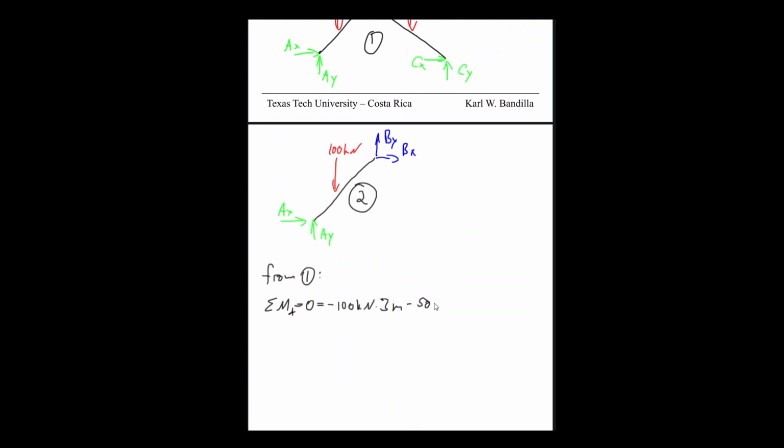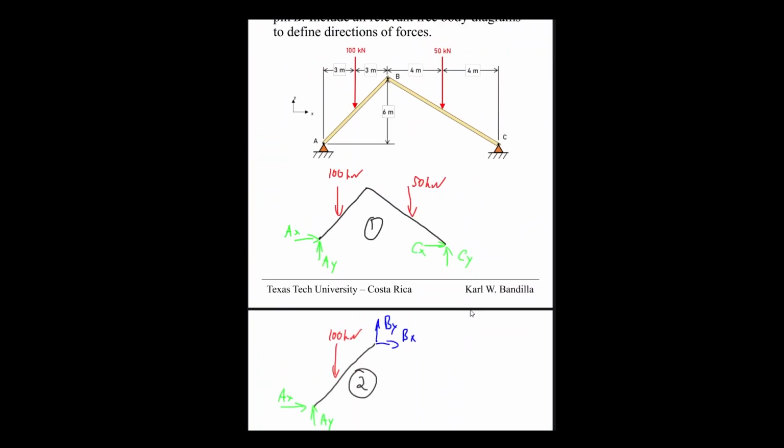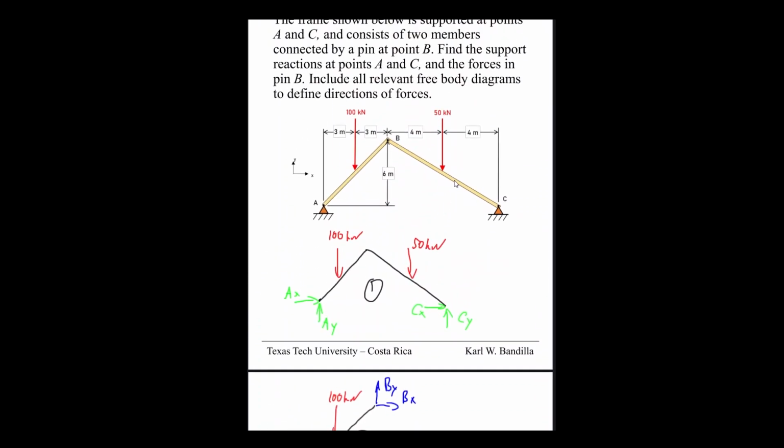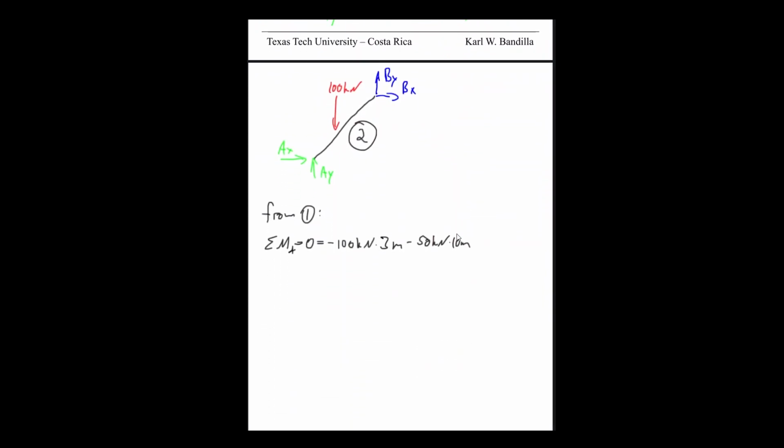Minus 50 kilonewton times 10 meters. And then the only other thing is CY, because CX, the line of action, is going to go through A. So CY times 14 meters, and it's positive. So plus CY times 14 meters.